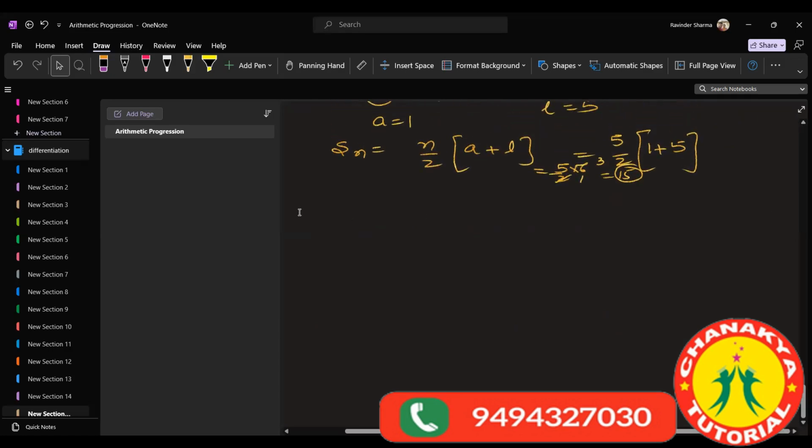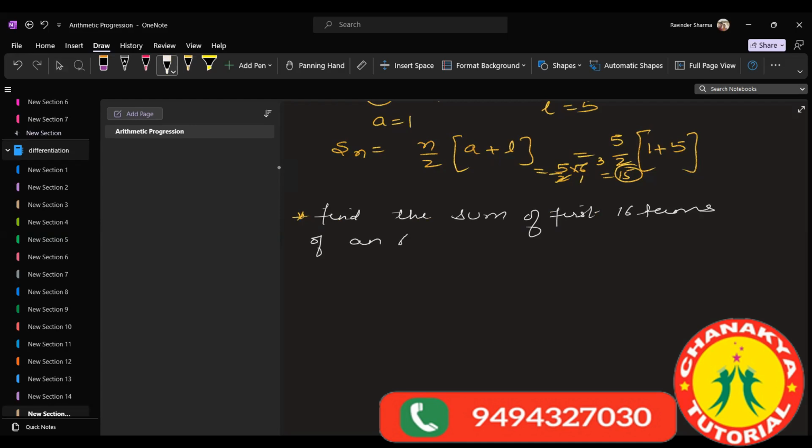Now suppose in any question it is written: find the sum of the first 16 terms of an AP. The AP is given as 5, 8, 11, 14, and so on.